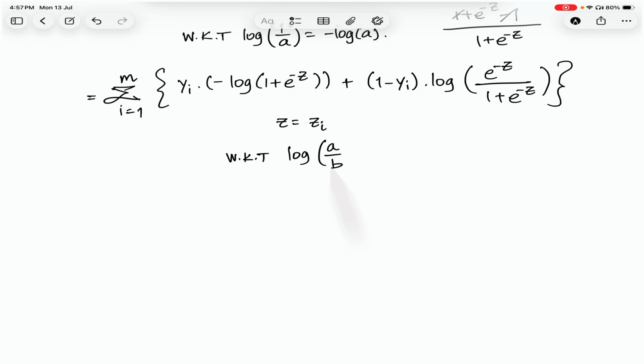What log does, exponential undoes, and vice versa. So we just got summation through m of minus z, and do we have here minus z? Did I miss something? Yeah, nothing. And I seem to have missed something.